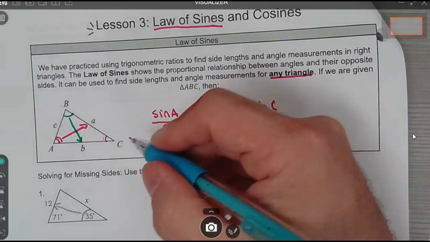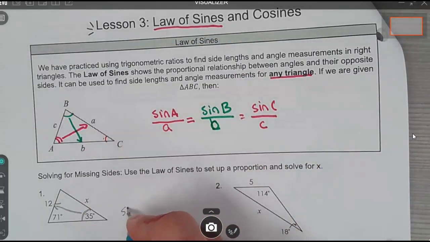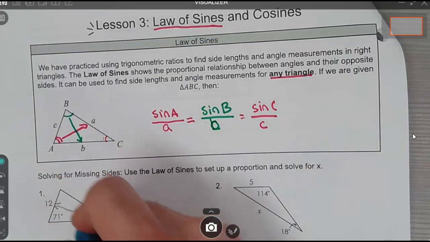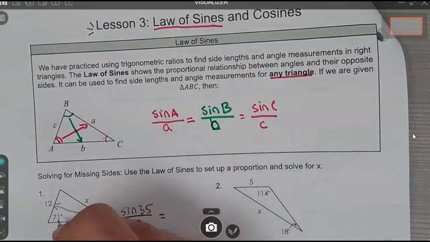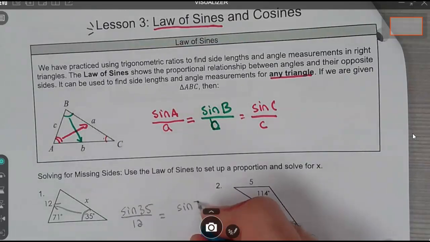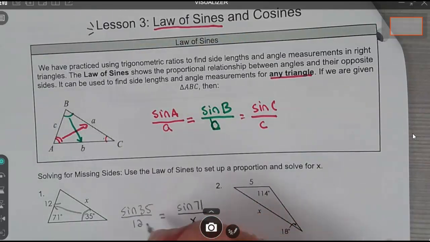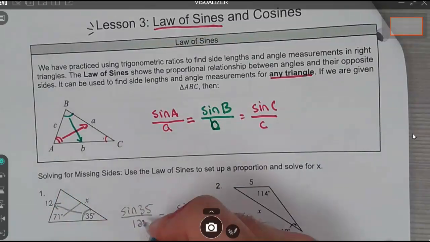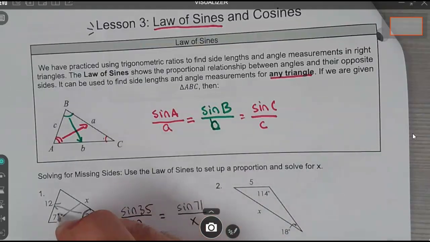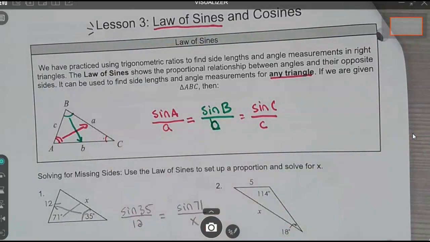So I'm going to take the sine of 35 over the side measure that it's across from, which is 12, and that should equal the sine of the angle that we're working with, 71, over x. If you guys notice, this angle and this side are across from each other, so I set up the sine over that side, and then the sine of 71 over the side that's across from it, okay? So this creates a proportion.